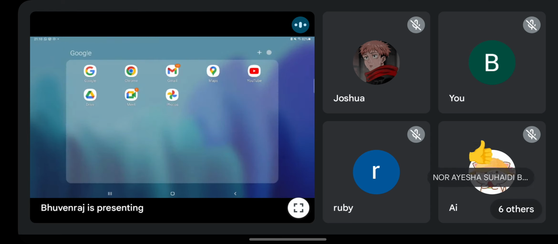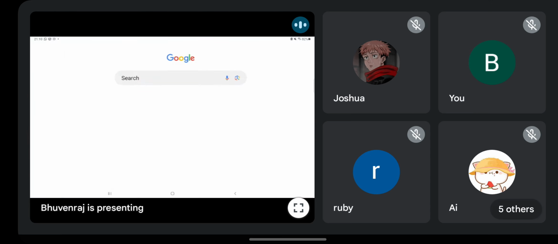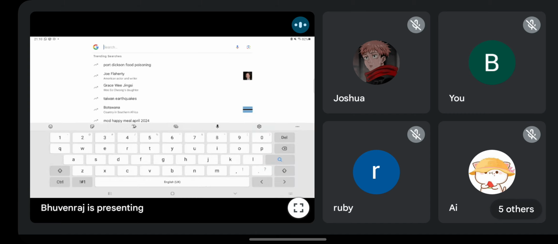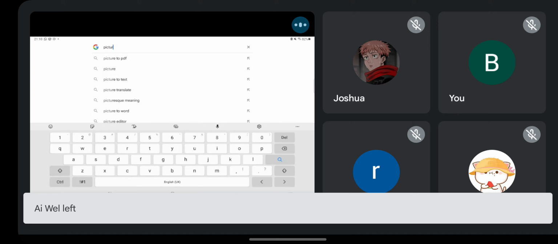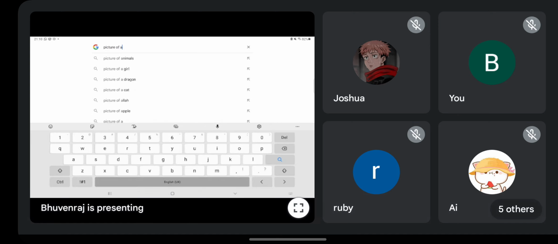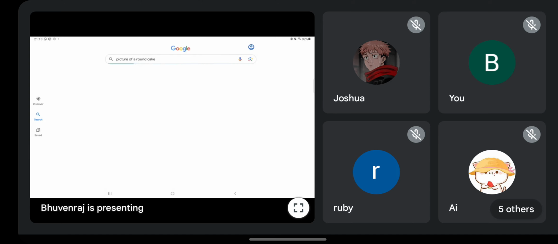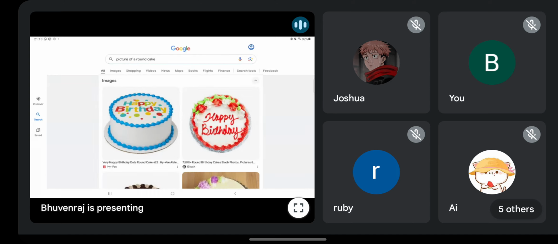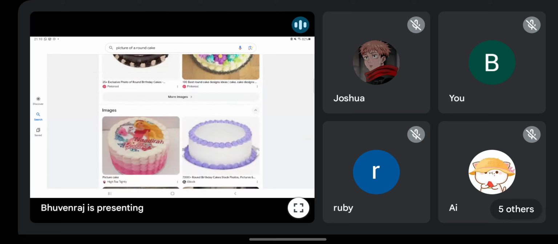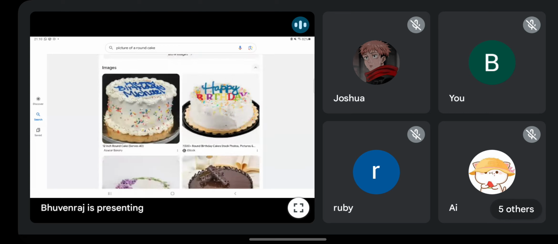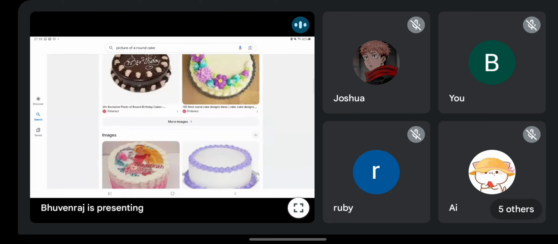Okay, I go and Google for you. Okay, this one lebih senang lah nak lihat. Okay, picture of a round cake. Okay guys, let me find a nice picture. Baru saya boleh explain bagi kamu.